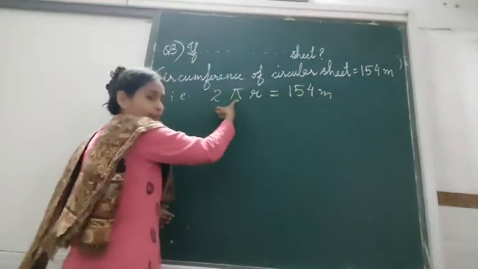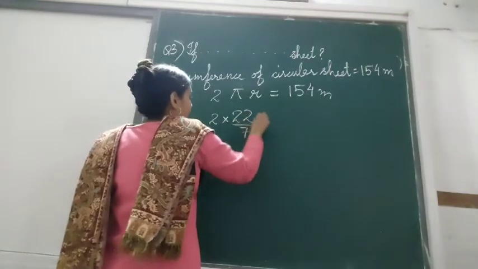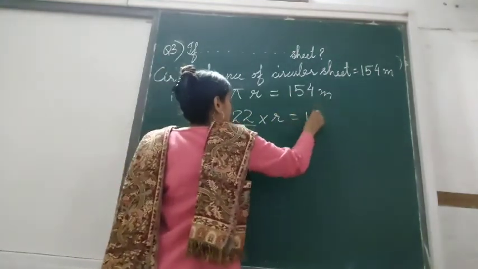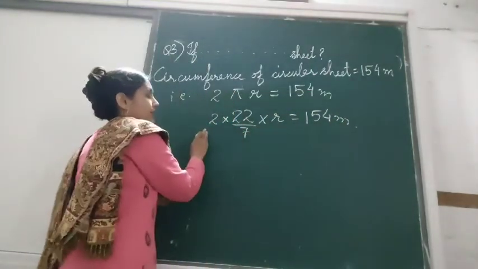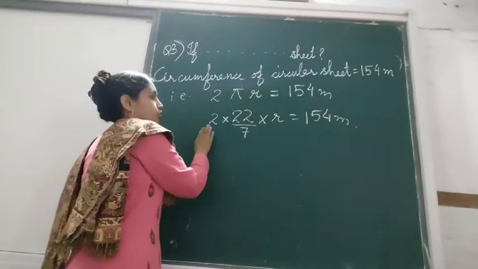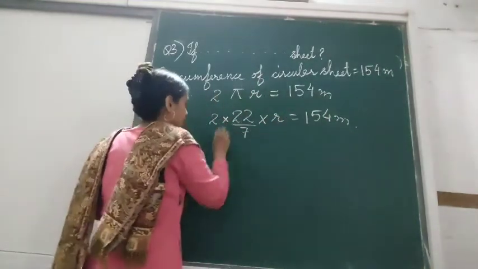Now we put the value of pi here. So 2 into 22 by 7 into r is equal to 154 meters. Now we shift this 2 to the RHS. It's in multiplication, so it becomes division.